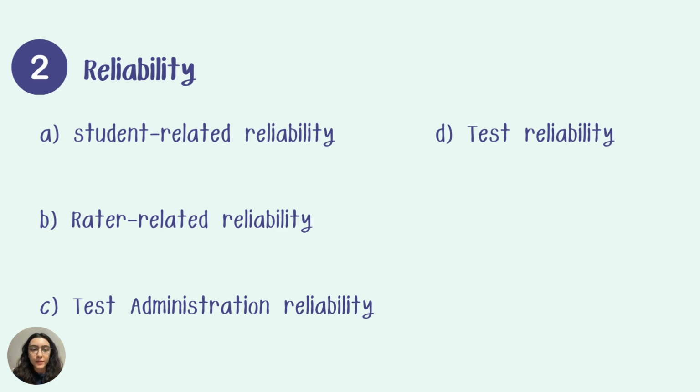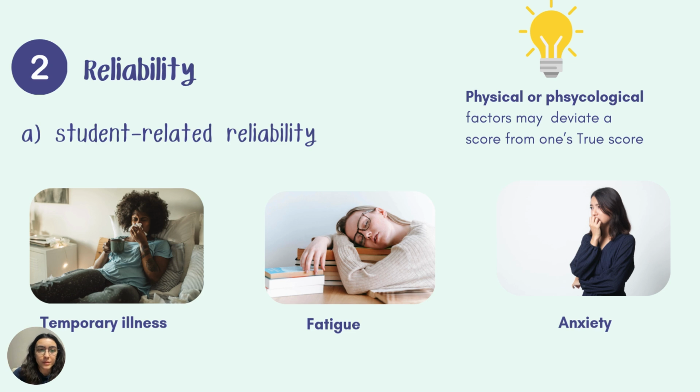We have some subtopics for reliability: student-related, rater-related, test administration reliability, and test reliability, of course. So the first one is student-related reliability. If the student is not on his best day, and he's having a bad day, he would probably not have the best exam of his life.